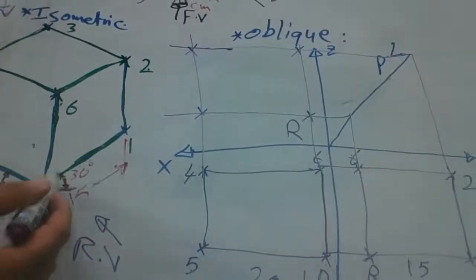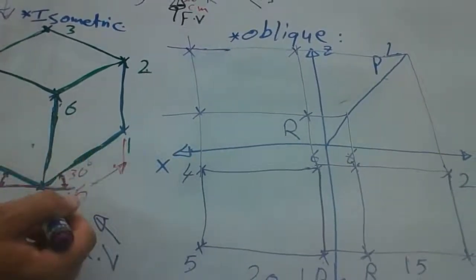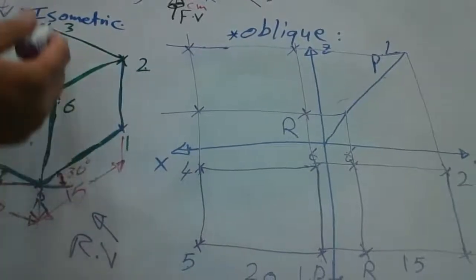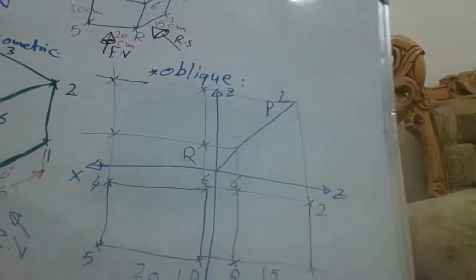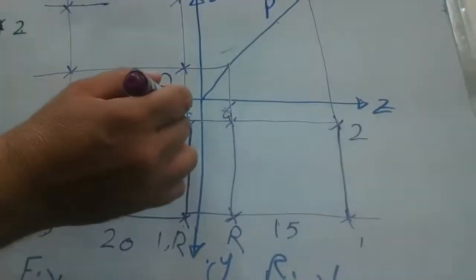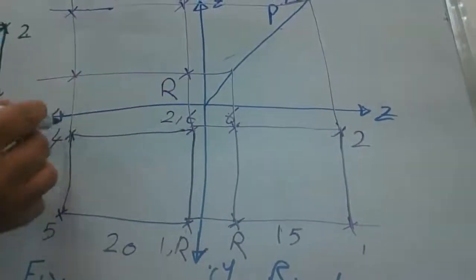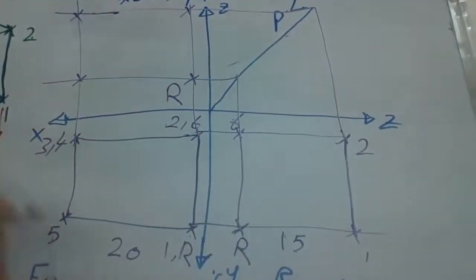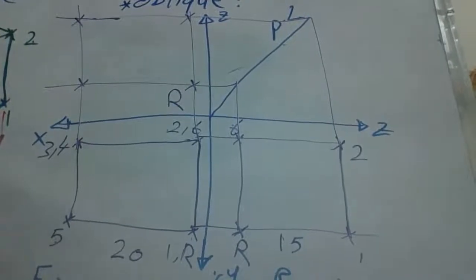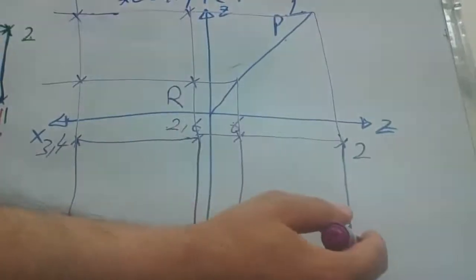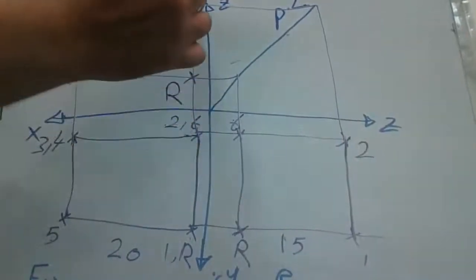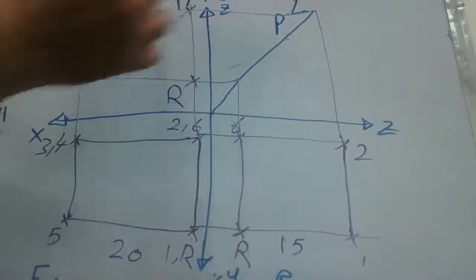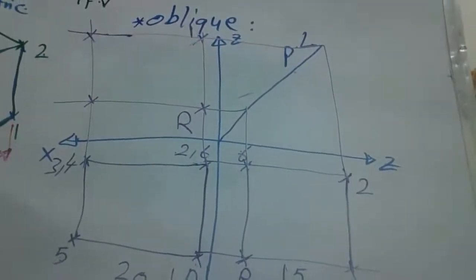We can see R, but 1 is behind R. Also 2 is behind 6, 3 behind 4. 6, 2, 4, 3, and 5 are here. So now 1 is here. We can find point 1 here.